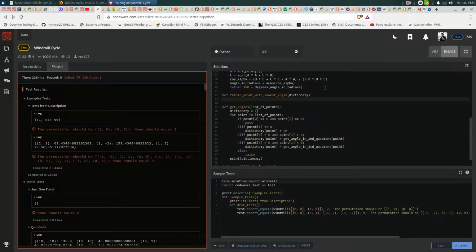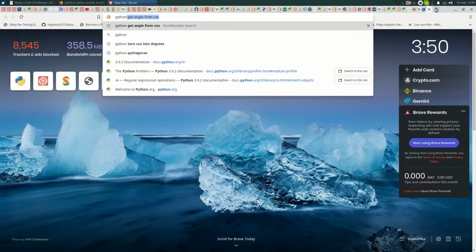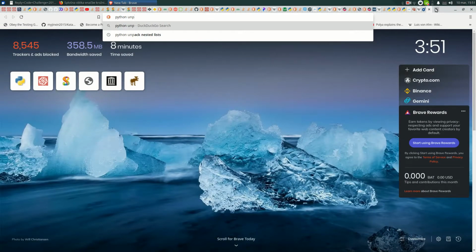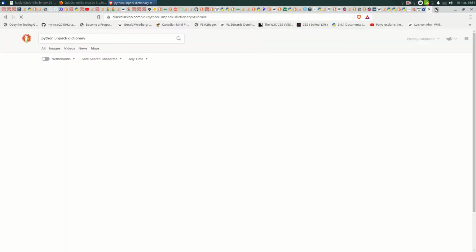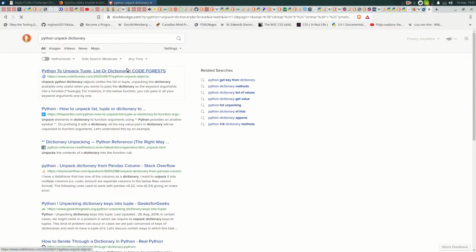Since it's Python, how do we unpack a tuple, list or dictionary?